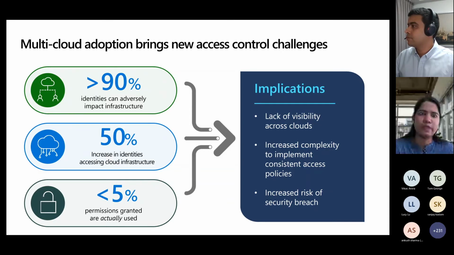And with the increase in cloud, these identities have also increased, but we observe that between the permissions which are actually granted versus the permissions that are used, there is a vast difference. Just to give you an example, earlier, at least in case of on-prem, we always defined least privilege in terms of standard user and privileged user. Privileged user, most of the time we just thought about admins.